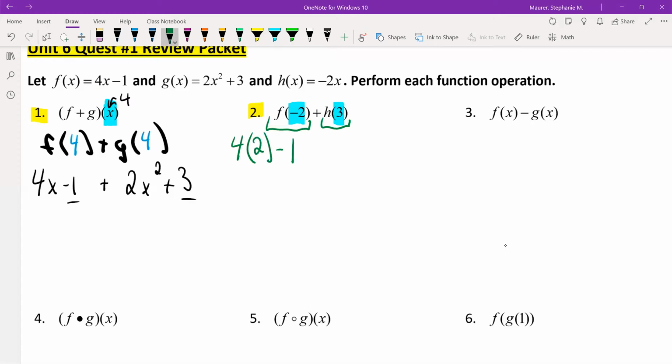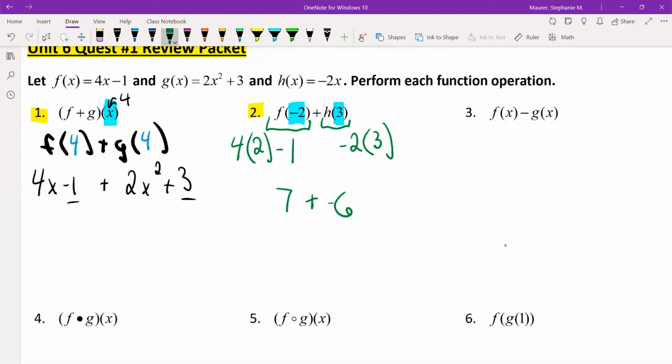So I could go through and solve this. This should give me 8 minus 1 gives me 7. Then I'm going to add the h of 3, which again, make sure you're looking at the h function. That's -2x, but instead of an x, we plug in a 3 for this one. So make sure that you are plugging in the appropriate value, in which case this should give us -6, and then you could combine.